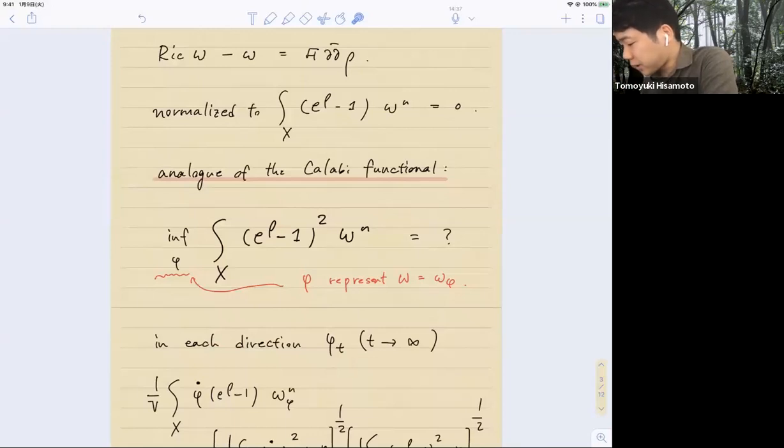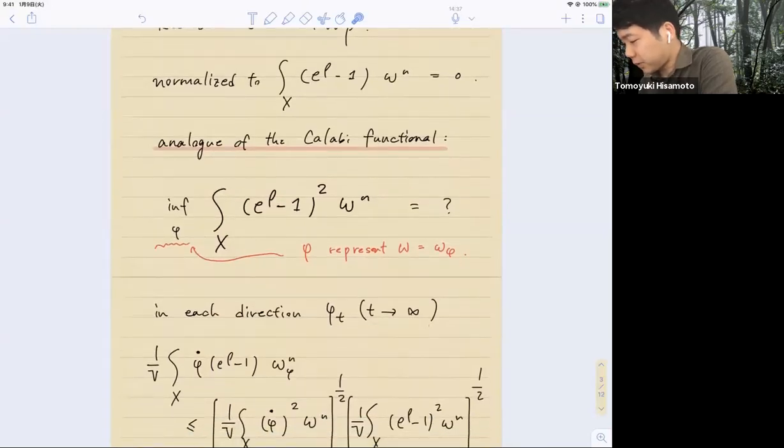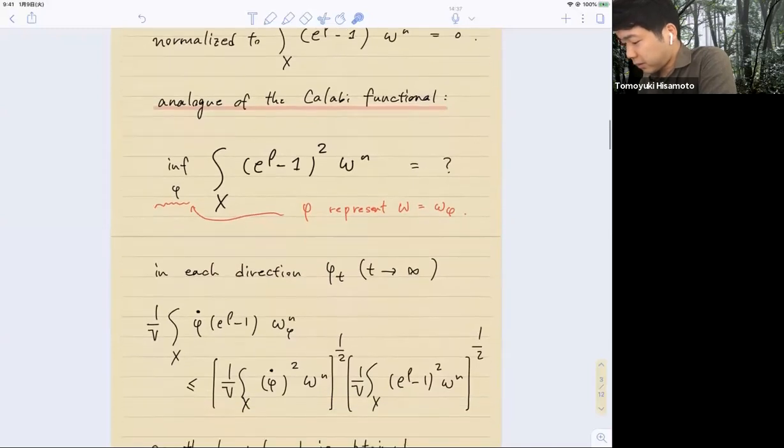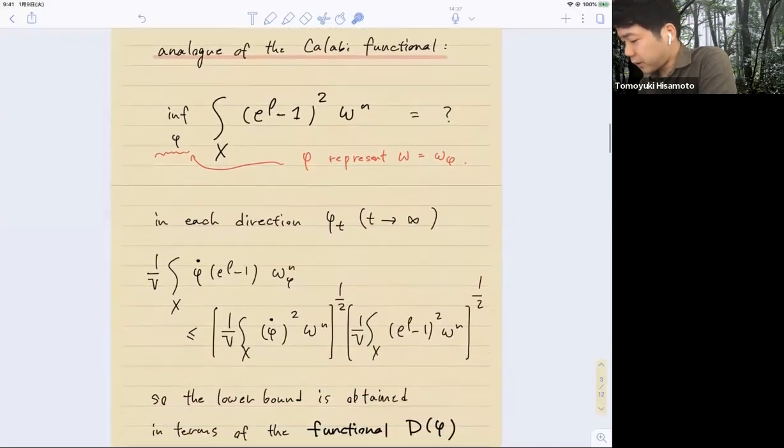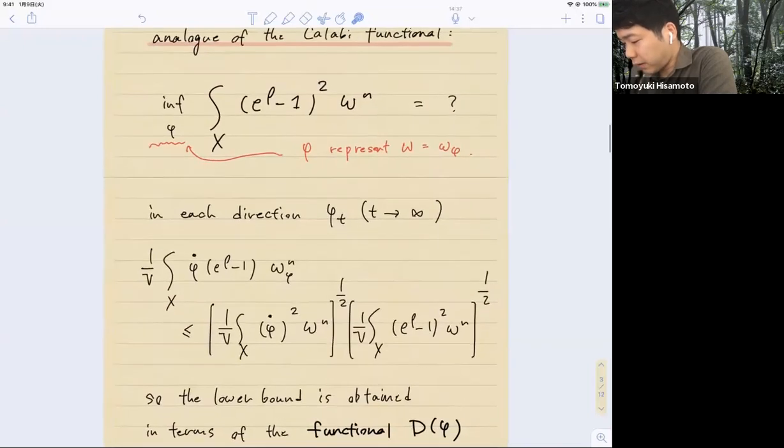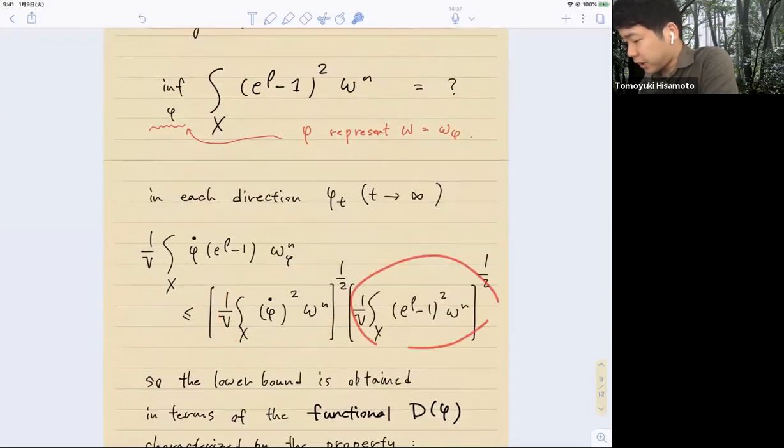We're particularly interested in the case t goes to infinity and the behavior of these functionals. And first, by using the Cauchy-Schwarz inequality, we have that the integration of phi dot against e to the rho minus 1 is controlled by the Calabi functional times some norm of the tangent vector of this ray. So the Calabi functional, what we are interested in, is bounded from below by some integration of phi dot times e to the rho minus 1.